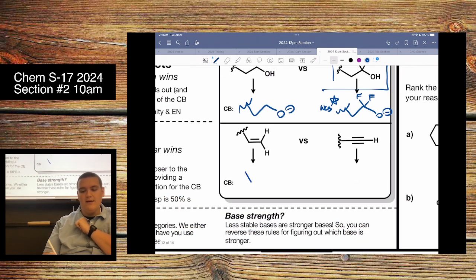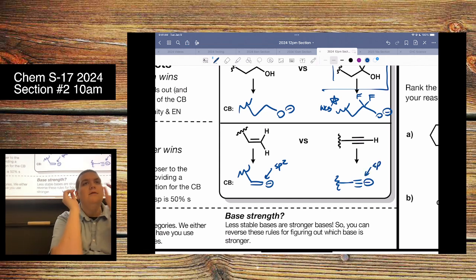Last one has to do with, okay, what if we can't do anything else, and we're just comparing an sp2 versus an sp. So when we are on this scale, and they're both the same shell, then what we care about is S character.